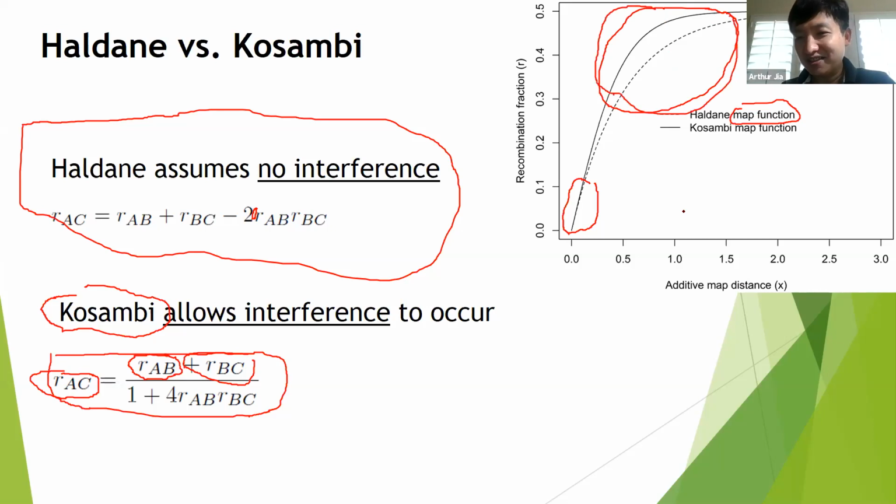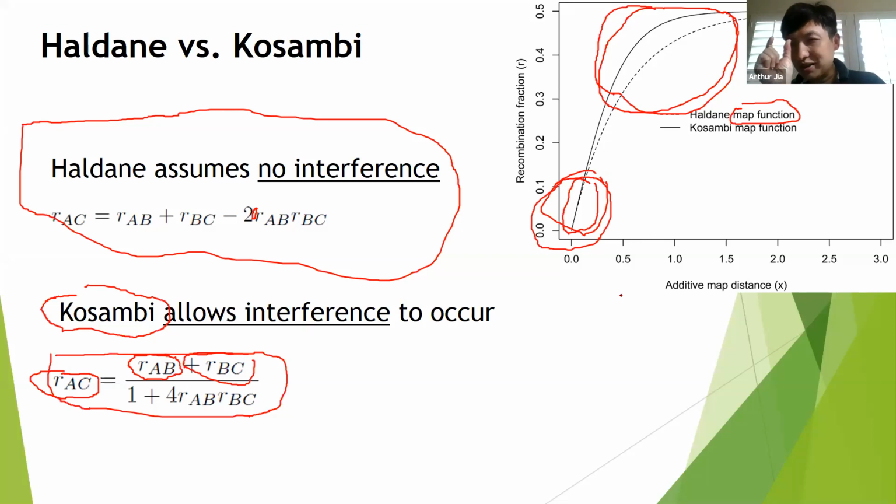Does that make sense? If the region is very small, or very, very large, like the two ends here, these two functions are identical, because they're doing the same thing. Because when the region of interest is very small, there's complete interference. Do you agree?